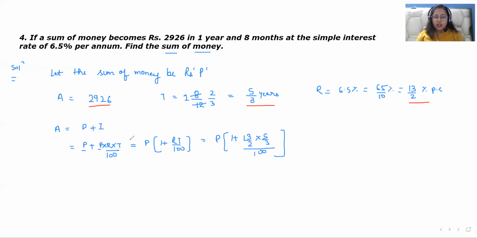So we'll take it as equal to amount, and they gave us the value of amount, that is 2,926. We'll put P, and after eliminating, we get 1 plus 13 over 120.